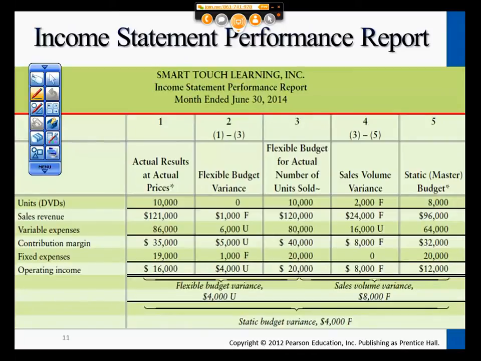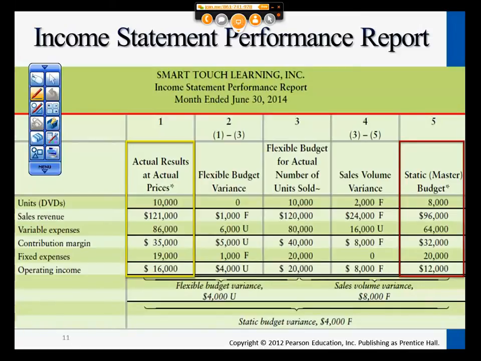All right, so let's see really quick. On the opposite sides, just as you would guess, our actual results at actual prices is what we get after the period is done, and we have some volumes for sales revenue for units that happened right there on the market, okay?